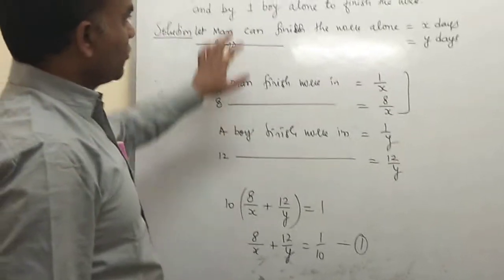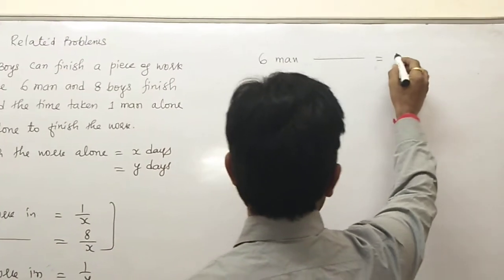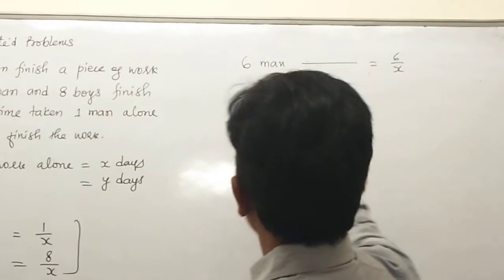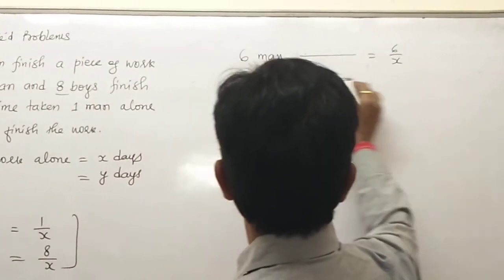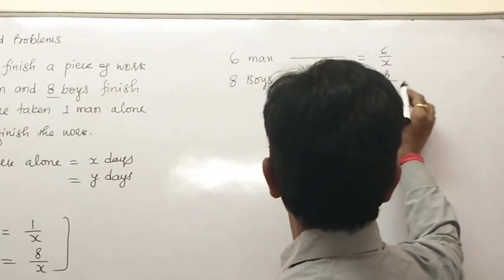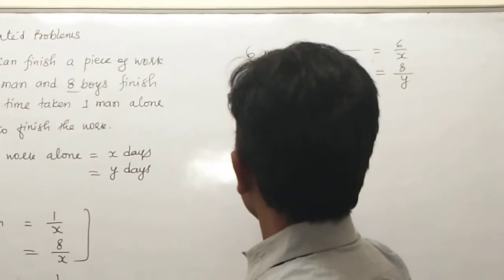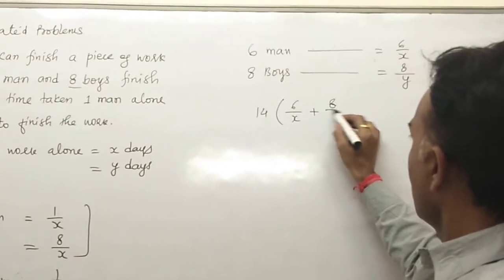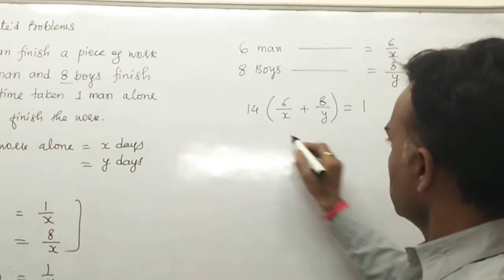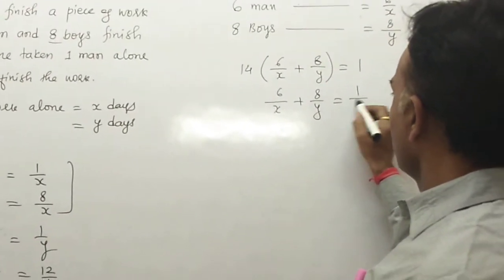Okay, similarly now you frame the same way. For 6 men the work is 6 by x, and for 8 boys the work is 8 by y. Okay, and they finish the work in 14 days. So 14 into 6 by x plus 8 by y equal to 1, so 6 by x plus 8 by y equal to 1 by 14.